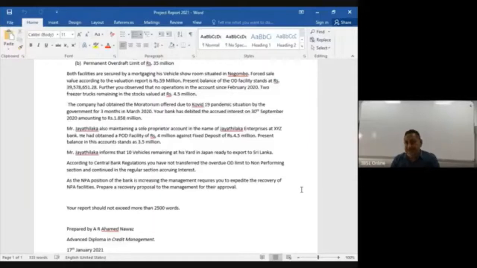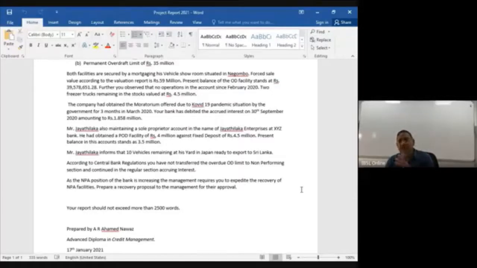Discuss what a moratorium is and how the central bank guidelines regarding the moratorium apply. So the customer obtains a moratorium. What is a moratorium? How do you apply this? Whether you apply it in the correct manner or not. What are your responsibilities in applying this moratorium? How do you advise the customer regarding applying this moratorium?